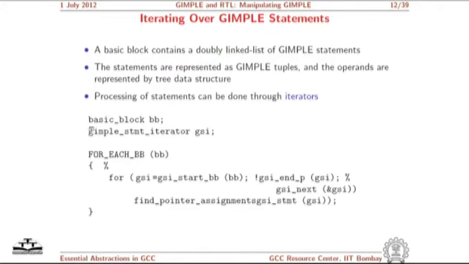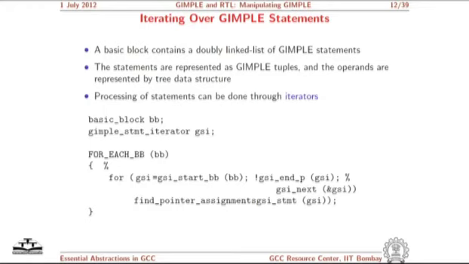Let's say you have this declaration called basic_block bb and this Gimple statement iterator gsi. This is a variable name, this is a type, and I can say FOR_EACH_BB. This lets me iterate over all basic blocks in the control flow graph. So I pick up a basic block, and then for a basic block I want to iterate over all Gimple statements.